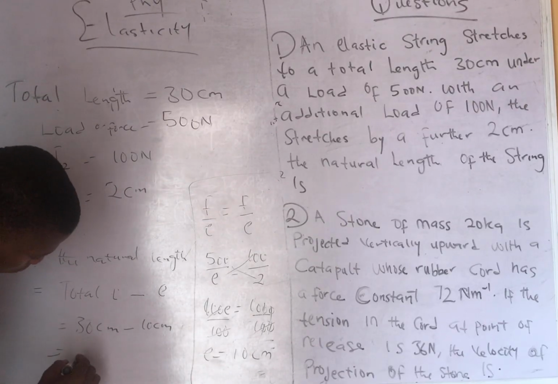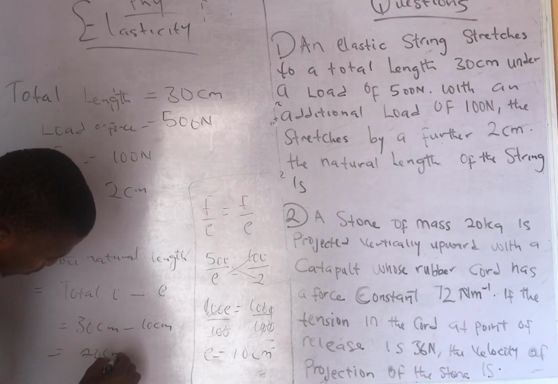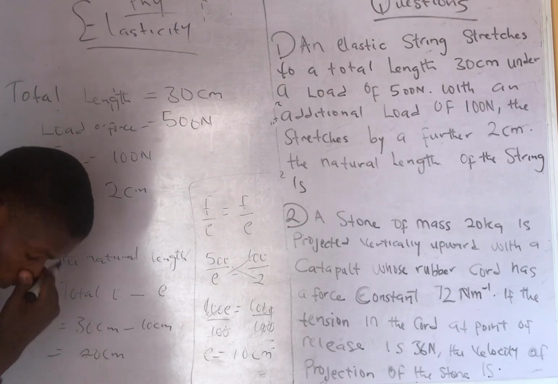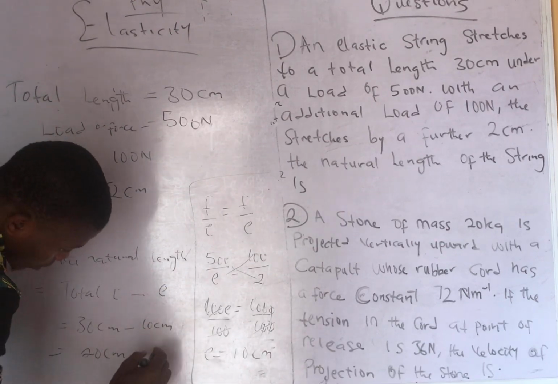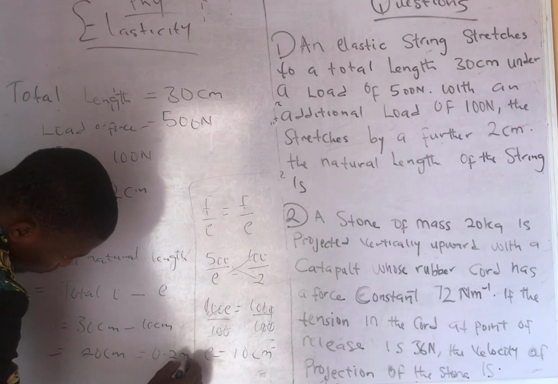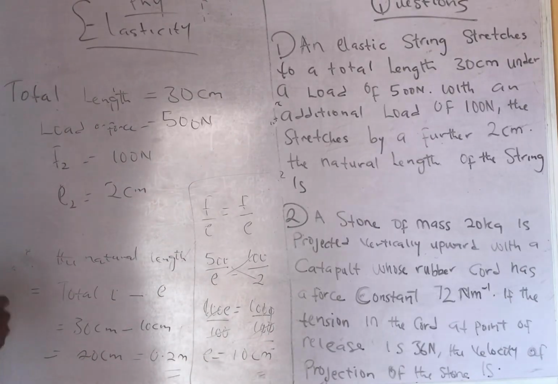So our natural length is now 20 centimeter. If you convert it to meter, it should be equal to 0.2 meter. So that is all for this one.